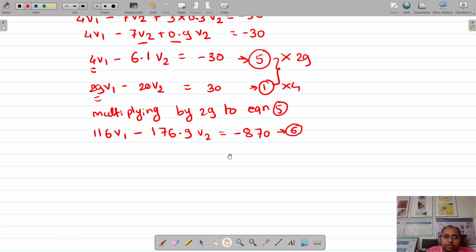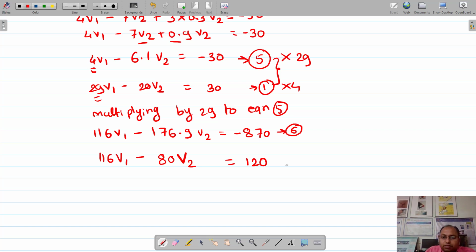Now let us multiply by 4 to equation number 1. So 116 will be over here as it is, minus 20 into 4 is 80, 80 v2 is equals to 120.